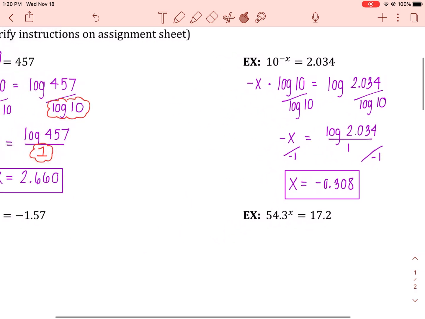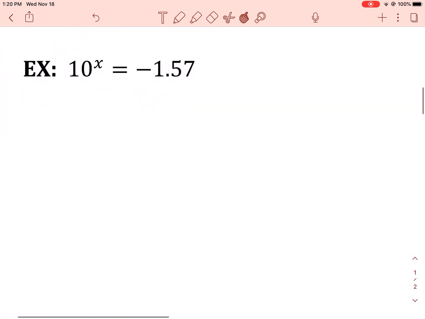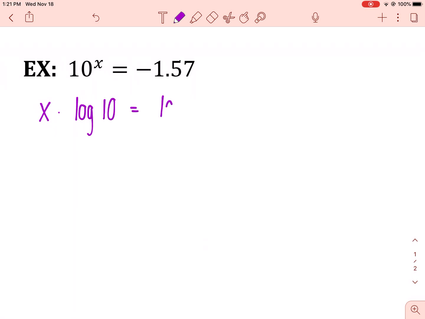Heading to our next example, we have 10 raised to x equals negative 1.57. Let's do the same idea. X is in the exponent, so let's bring it to the front by taking the log of both sides. And then something might be jumping out at you.